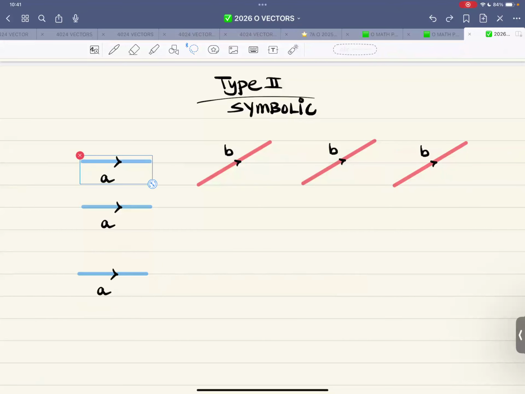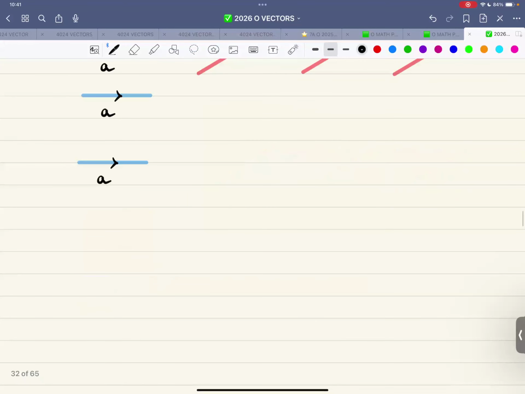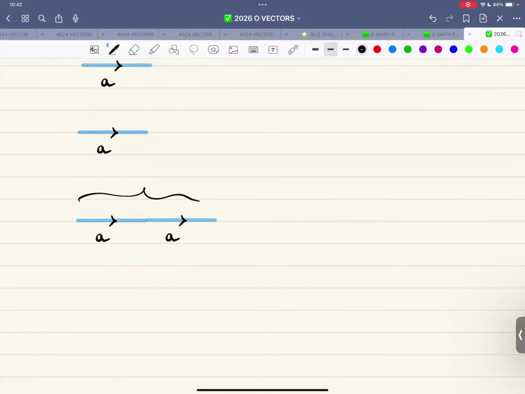So I'll be using these vectors. Now let's say someone is interested in adding two A vectors, two blue vectors. That's one vector. That is another vector. That is simple addition. So this vector that I got, that is 2A.